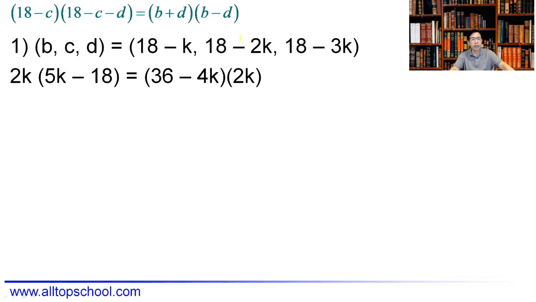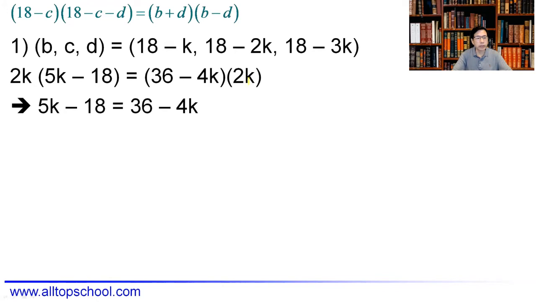When you do 18 minus them, you get 5K minus 18. The right side, you can see B plus D, the first one and last one, 36 minus 4K. B minus D will be 18 minus K minus 18 minus 3K, you get 2K.